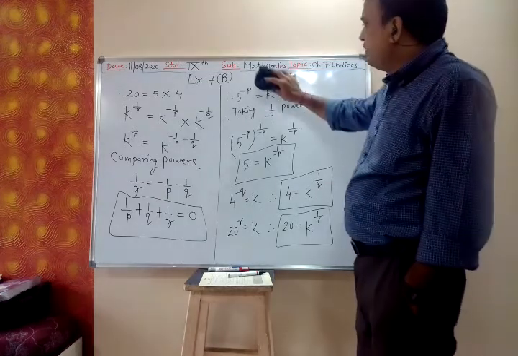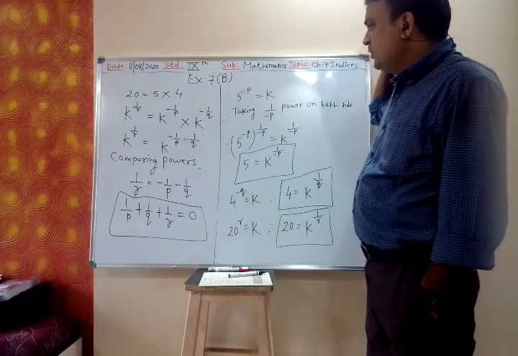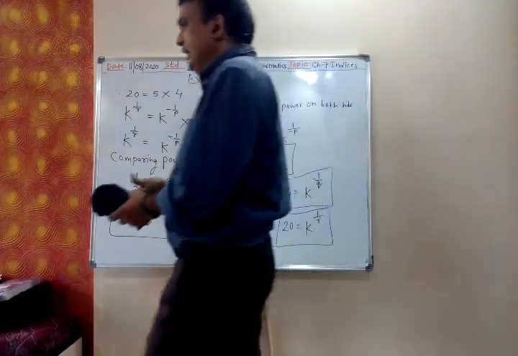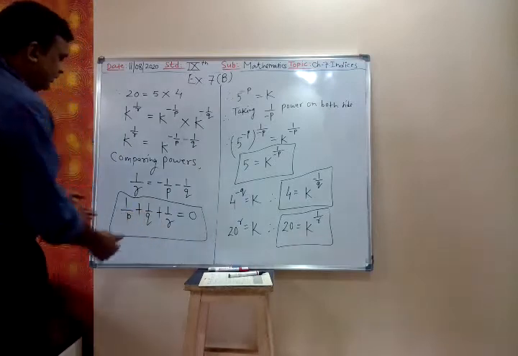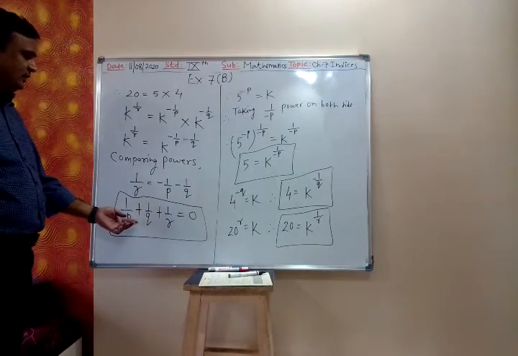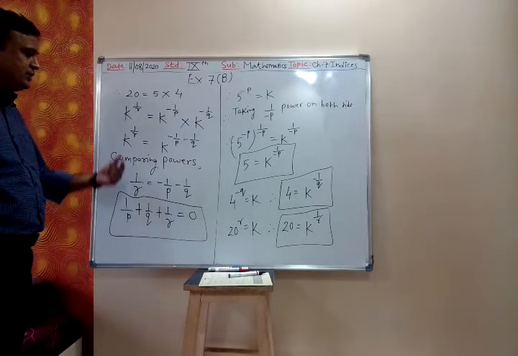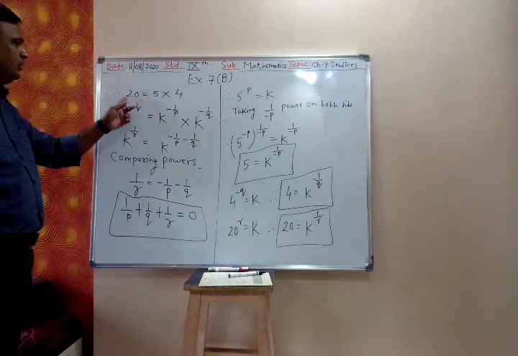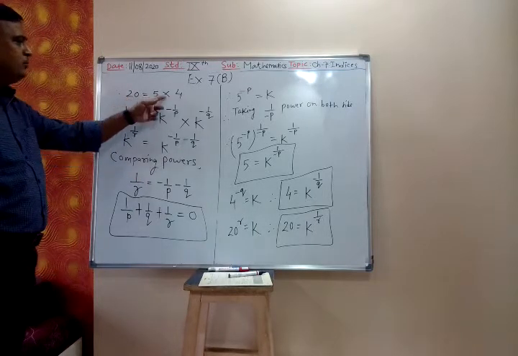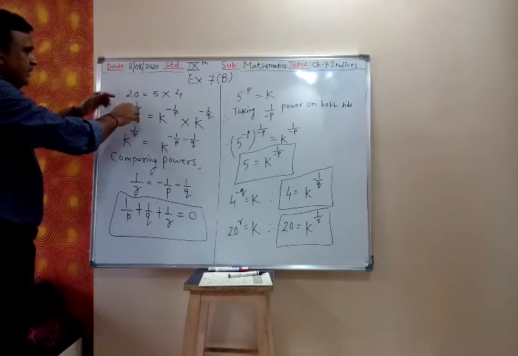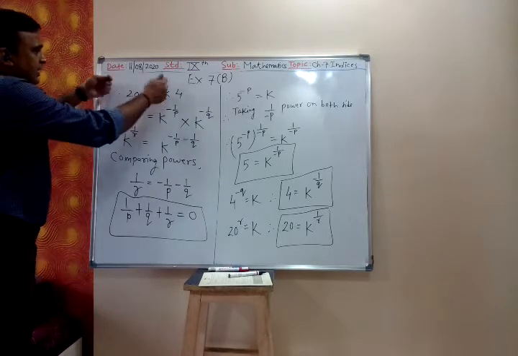So such type of problems, to get this, we want to finish the role of 5 and 4. 20 I have written as 5 into 4, but after substitution, the role of 5 and 4 vanished.